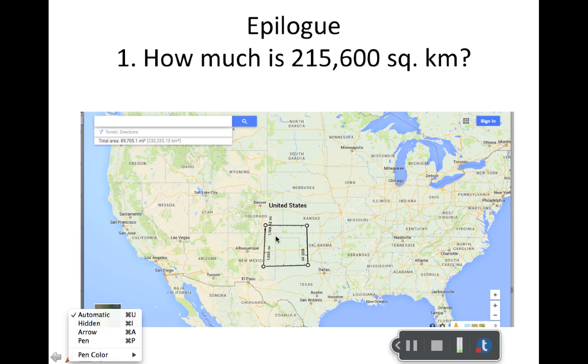This is the land area that we need. So this amount here is the land area we'll need to cover entirely with solar panels in order to produce all of our power.